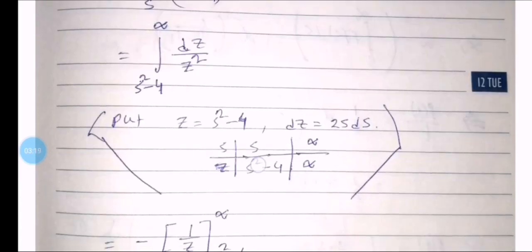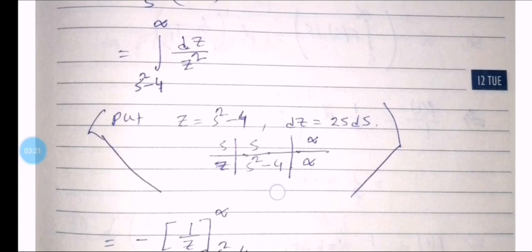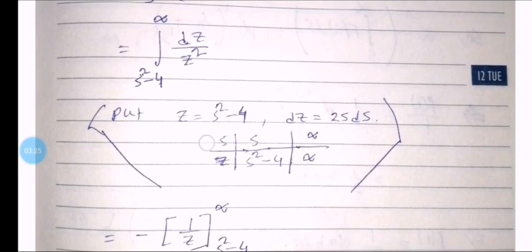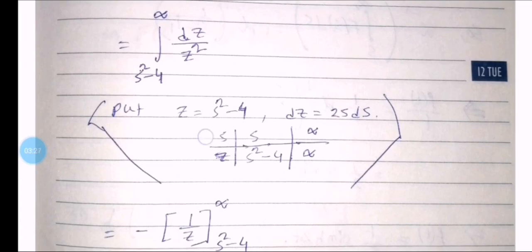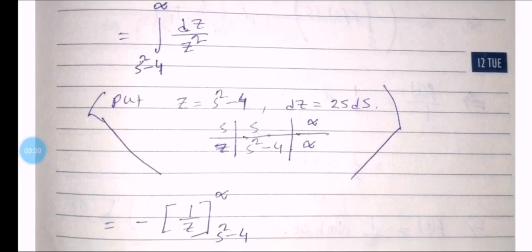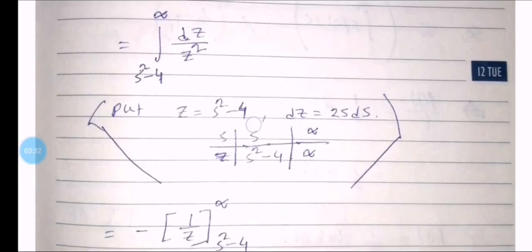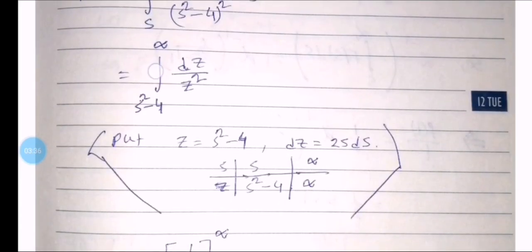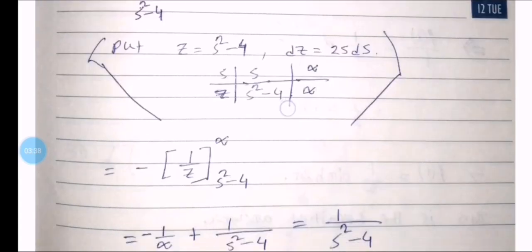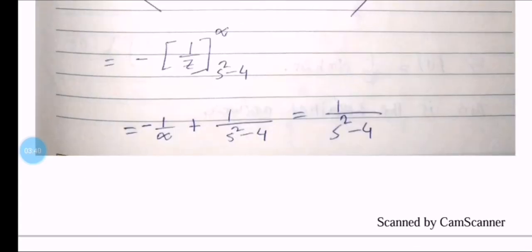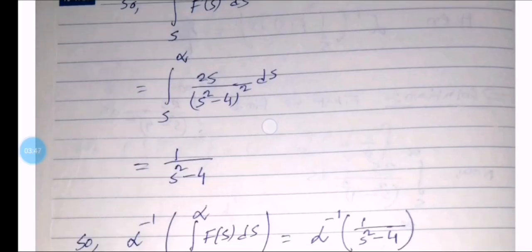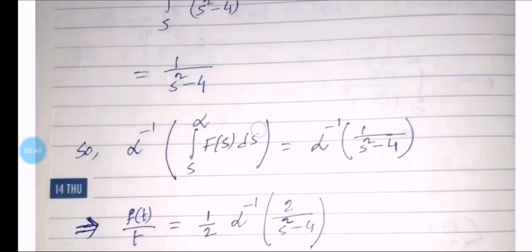When the lower limit is s, z is s square minus 4, and when s is infinity, z is infinity. So we will get integration from s square minus 4 to infinity of dz by z square. After calculating we will finally get 1 by s square minus 4. So integration F s ds we can write as 1 by s square minus 4.